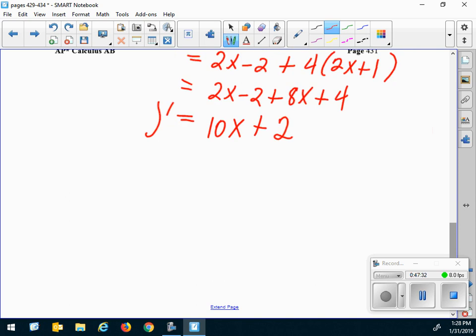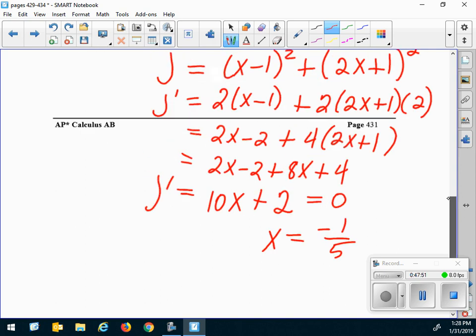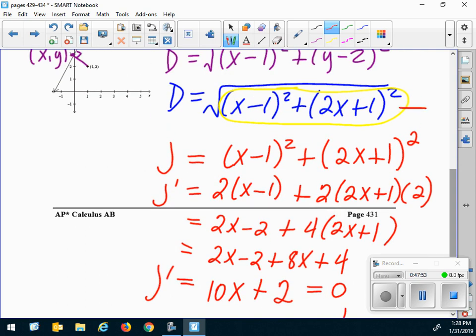Is that derivative either ever 0 or undefined? Correct. It can be 0, never undefined. 0 when x is... If you do the chain rule and take the derivative of this right here, you're going to get negative 1/5 also.